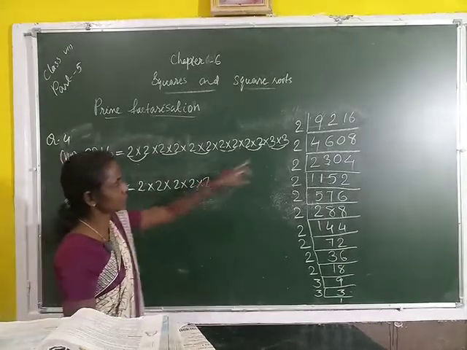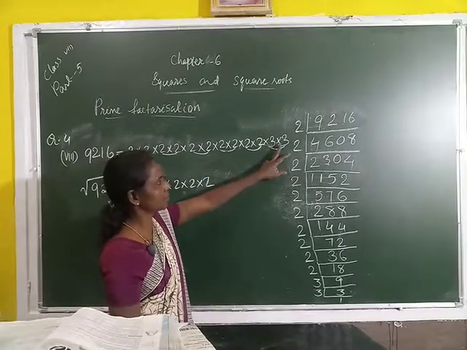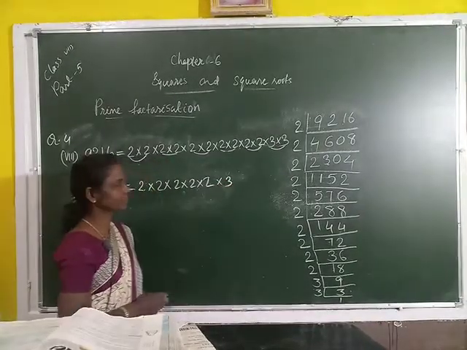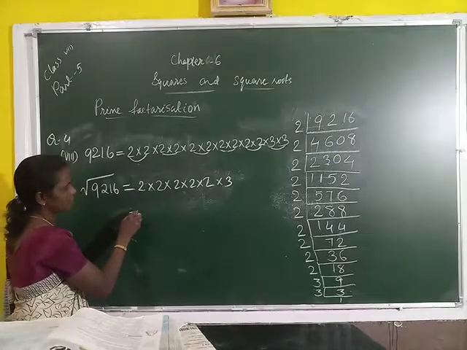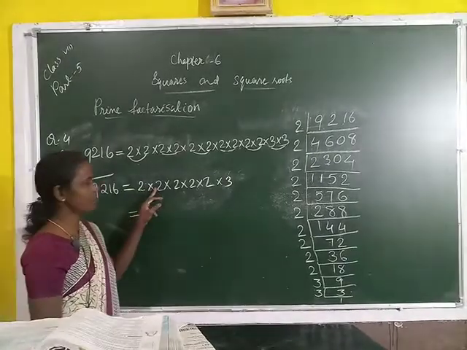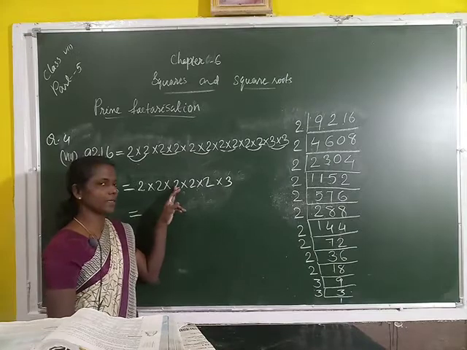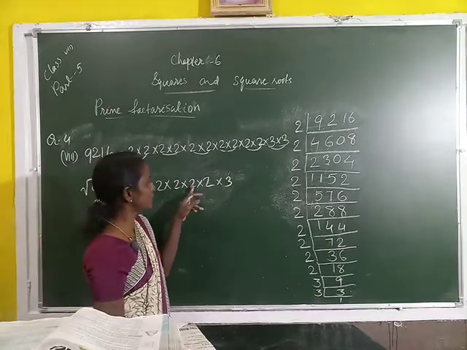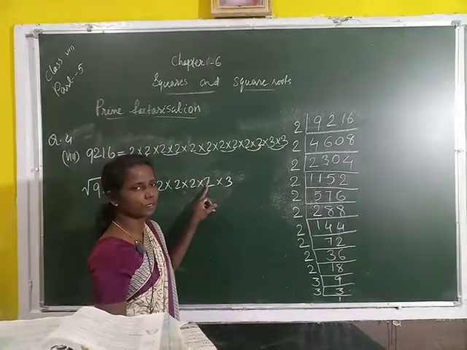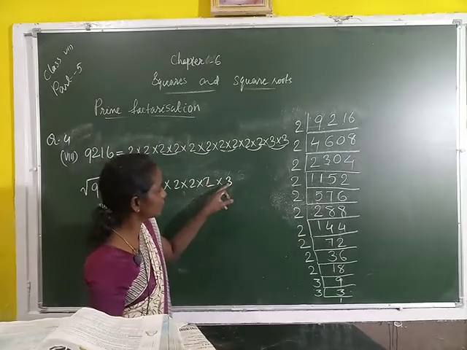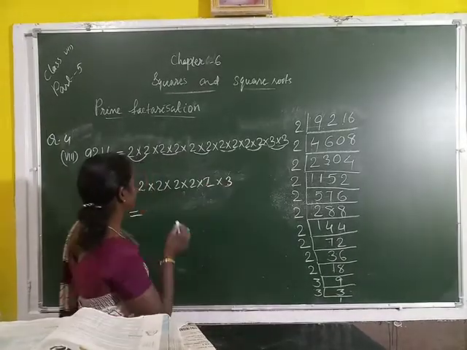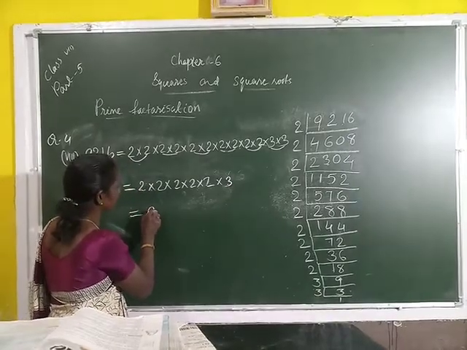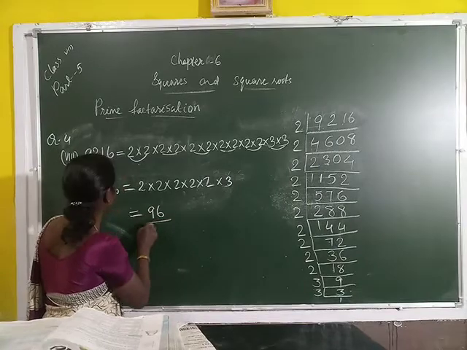Then next the pair of 3. Then we write 1 three. Then multiply 2 into 2 into 2 into 2 into 2 into 3. 2 twos are 4, 4 twos are 8, 8 twos are 16, 16 twos are 32. 32 threes are 96.